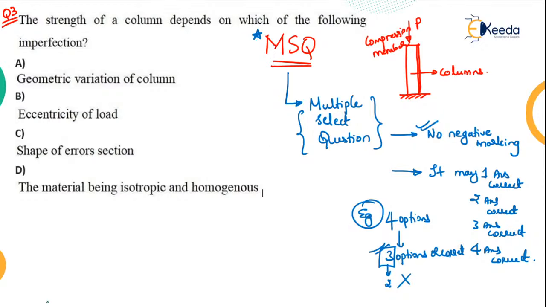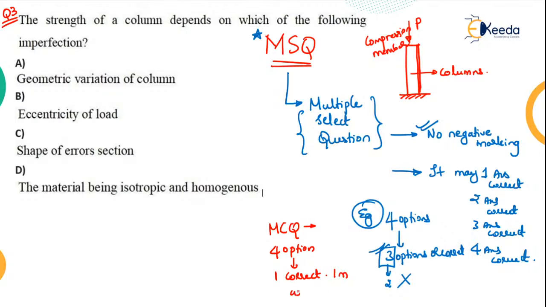You all know what an MCQ question is, right? MCQ means there will be four options, and only one will be correct. In the GATE examination, if you attempt the correct answer, you will get 1 mark.